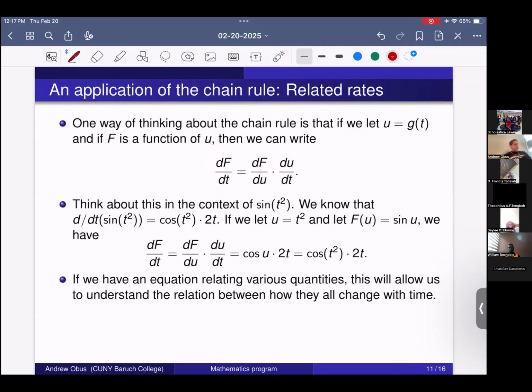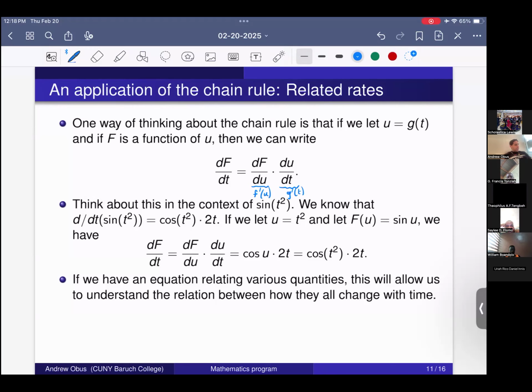Basically, the way we're thinking about this is that if F is equal to f of u, and u is g of t, then this du dt is the g prime of t, and this dF du is really f prime of u.